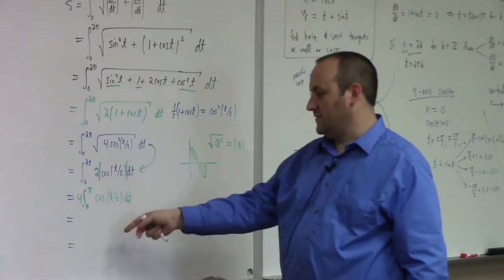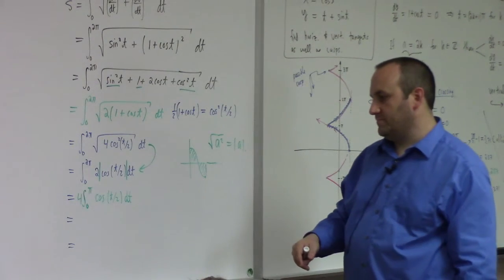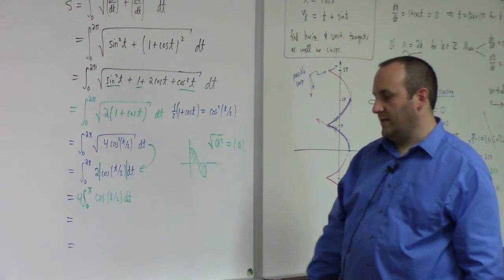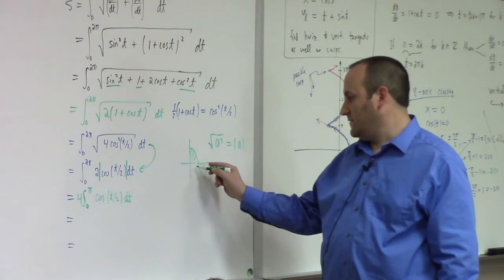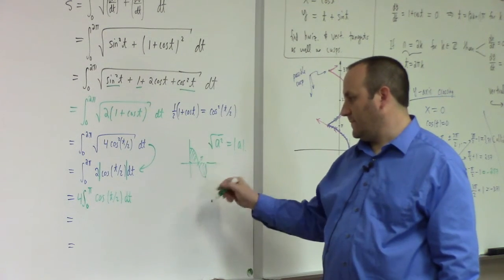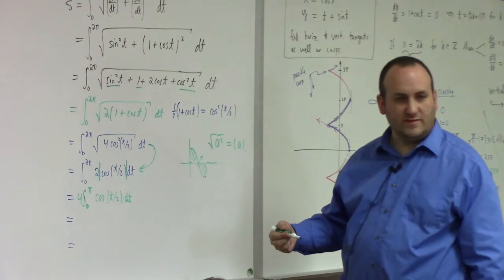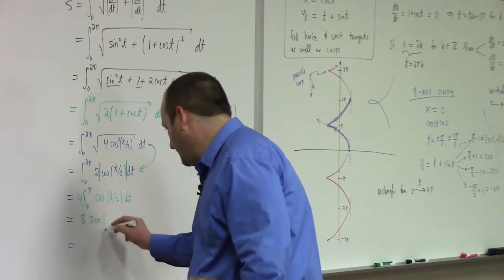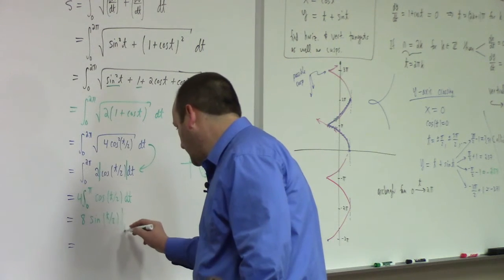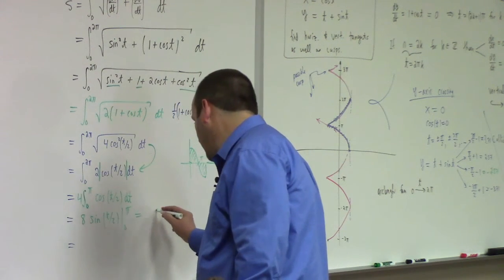So I just doubled half of the integral, right? They're basically saying the integral from 0 to pi is like this much, and so I just doubled that up by symmetry. And that gives me 8 times the sine of t over 2 evaluated from 0 to pi, which is 8.